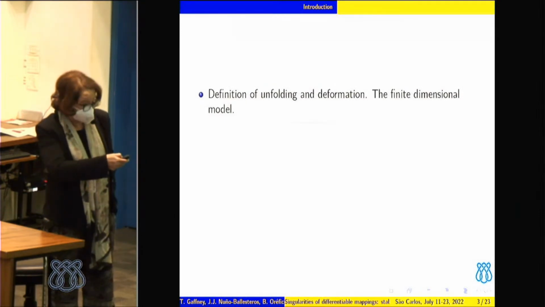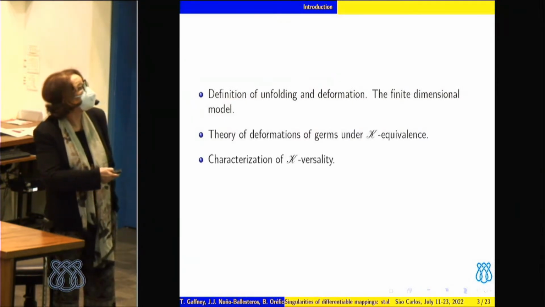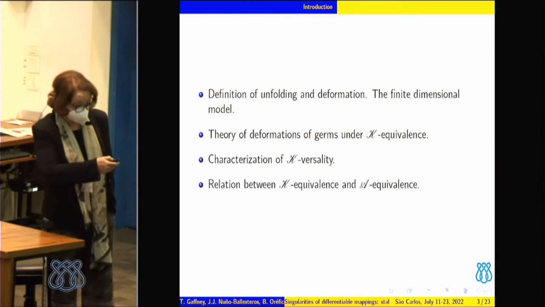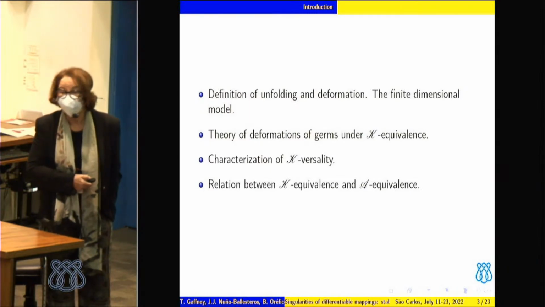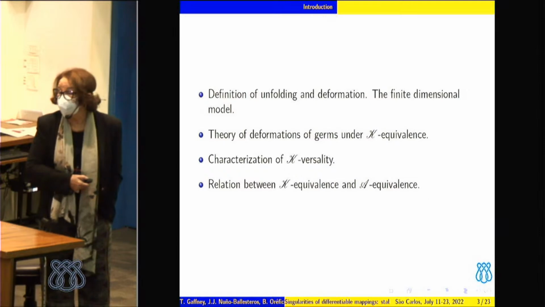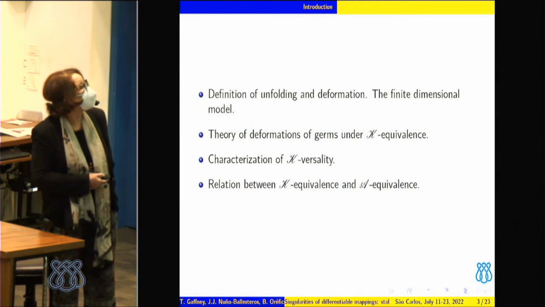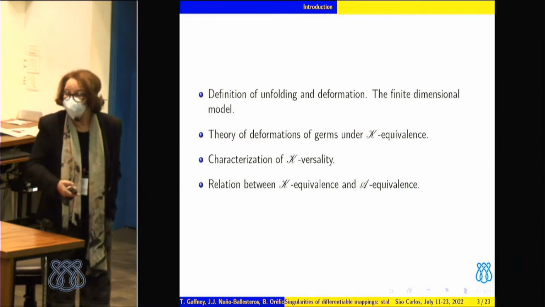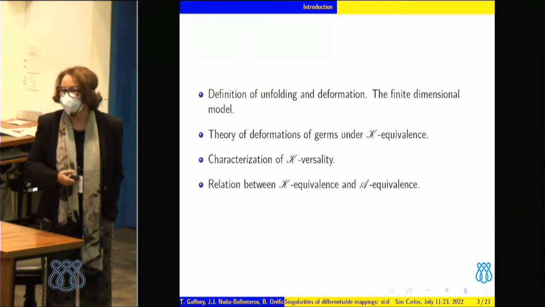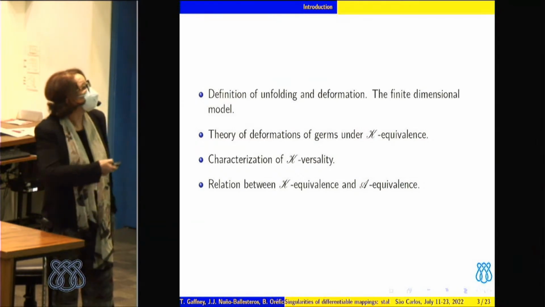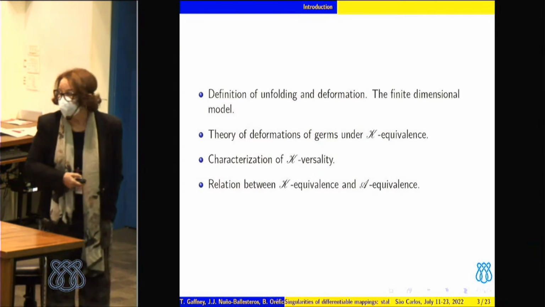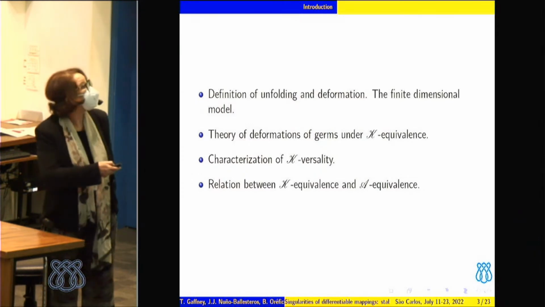Well, in this lecture, if I have time, I will give the definitions of unfolding and deformations with a motivation in terms of a finite dimensional model, talk about the theory of deformations of germs under K equivalence, and give some applications of these ideas in order to classify stable singularities. Okay.